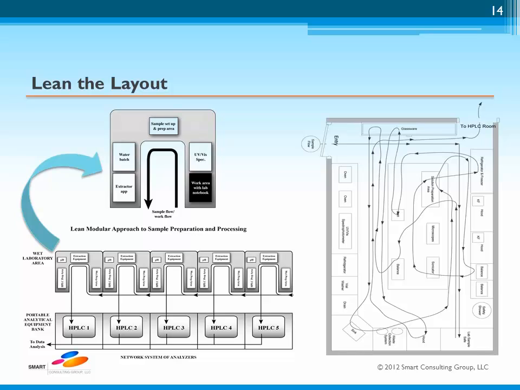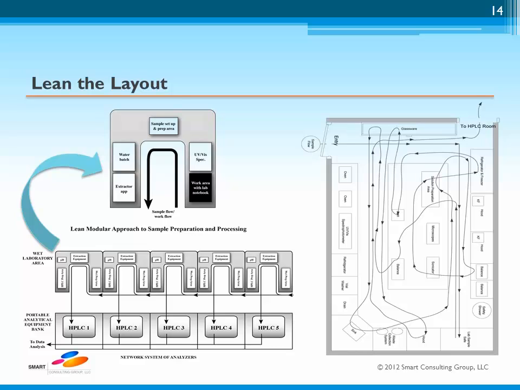Lean the layout. It's important to focus on the routine operation of the laboratory in order to develop an optimum lean laboratory strategy. In particular, how the instruments are arranged relative to their use, where chemicals and solvents are stored and prepared, and where all the supplies are stored, as well as where electronic aids like computers are stationed.